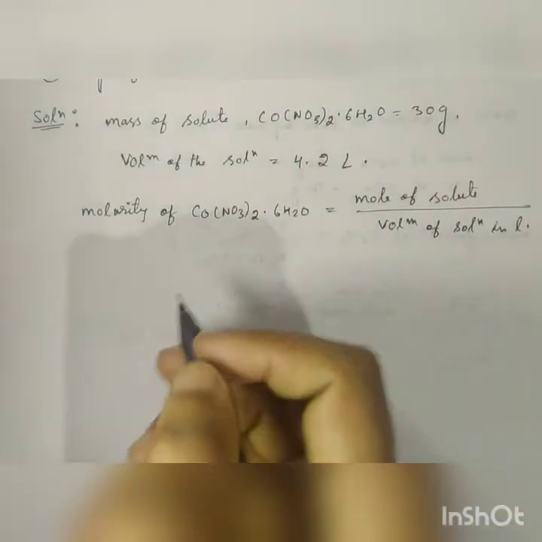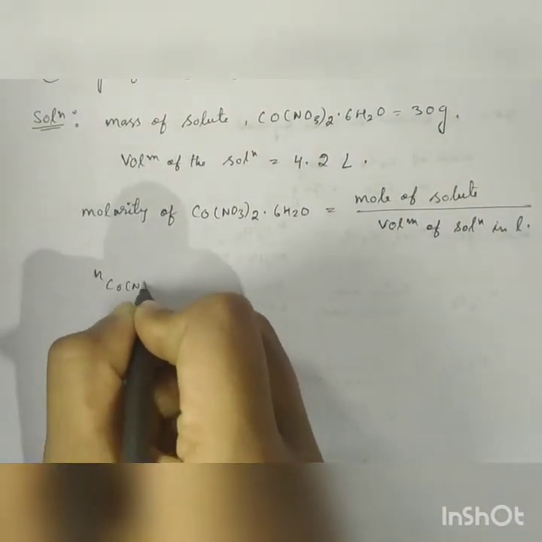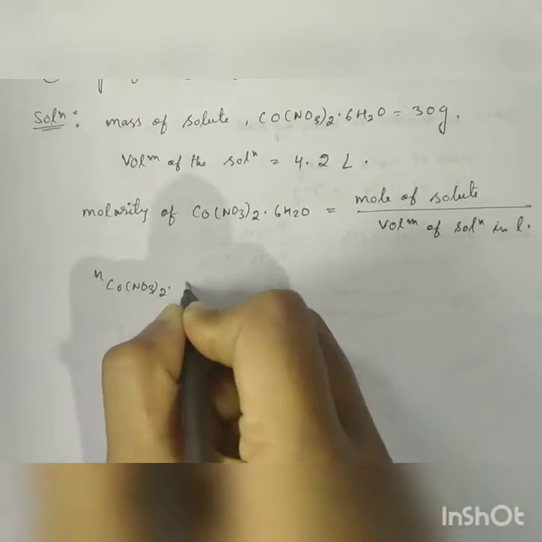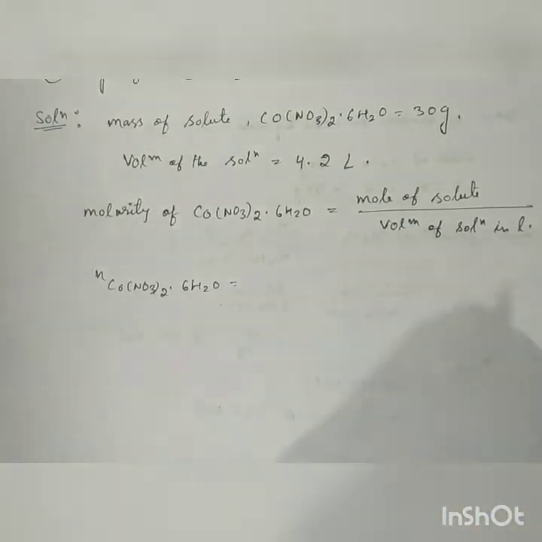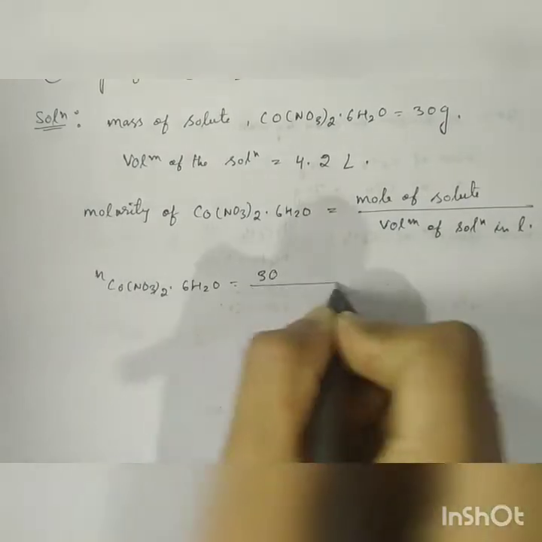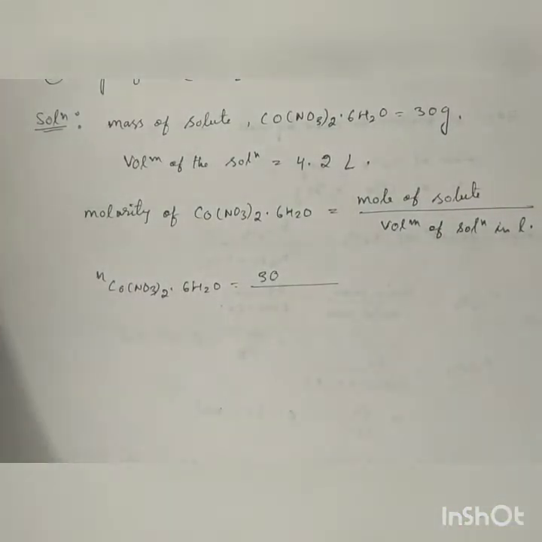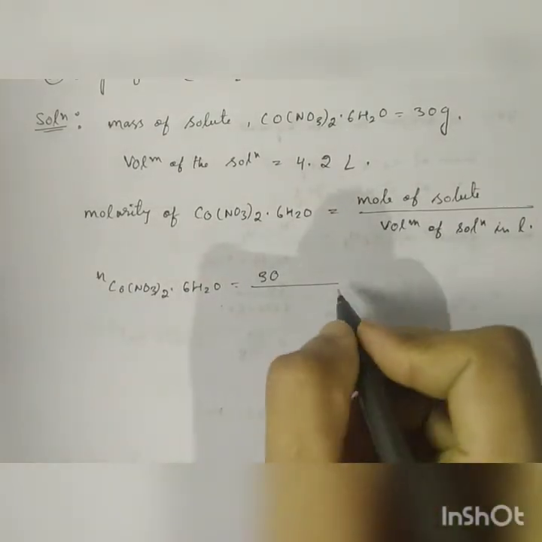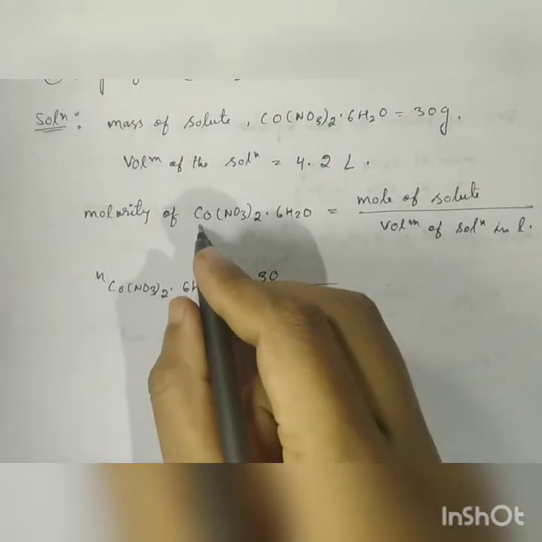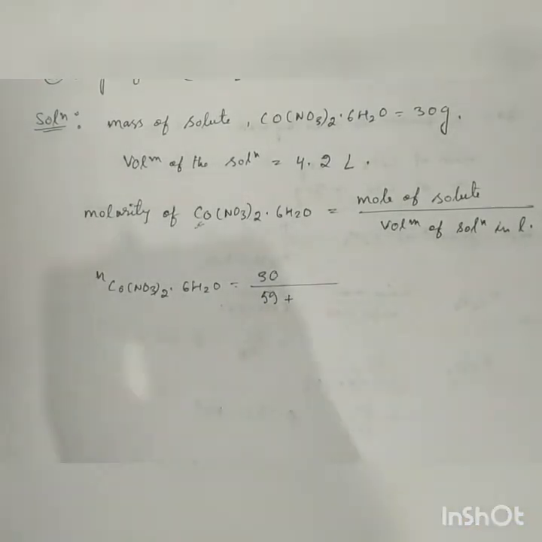Now moles of solute, that means number of moles of this Co(NO3)2·6H2O, and we know the formula is given mass, which is 30 gram, divided by molar mass. The molar mass for this compound will be: the atomic mass of cobalt is 59, just remember these values.